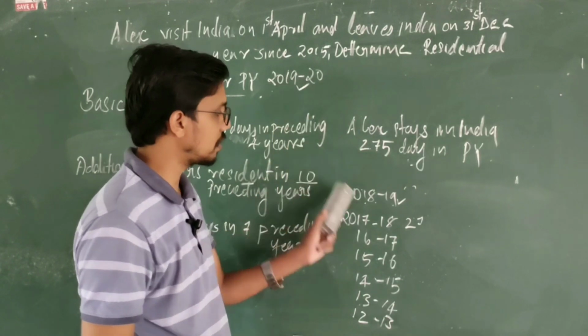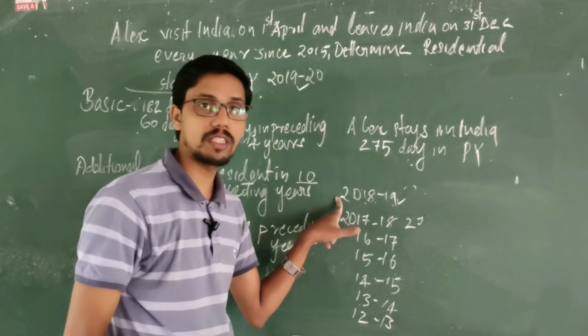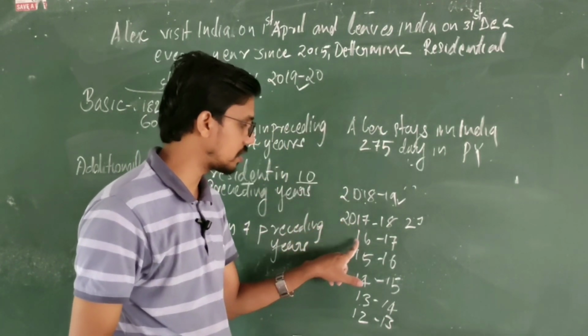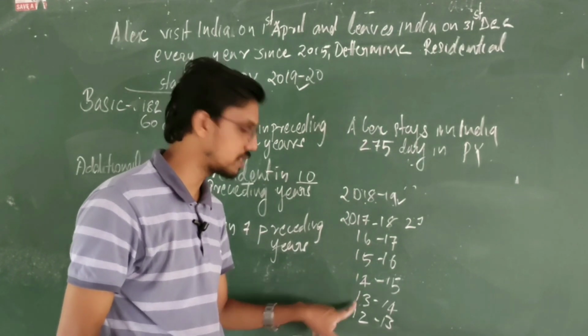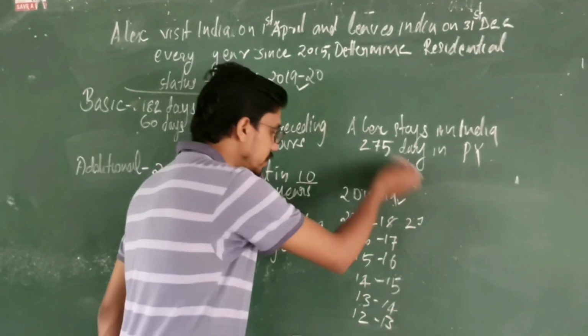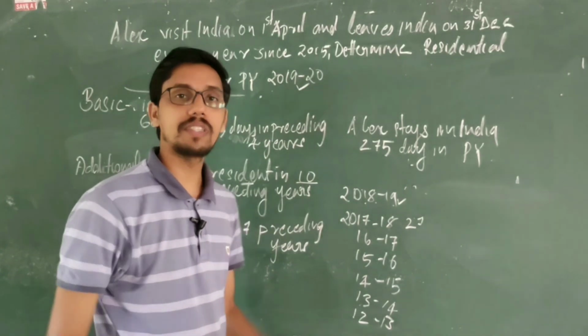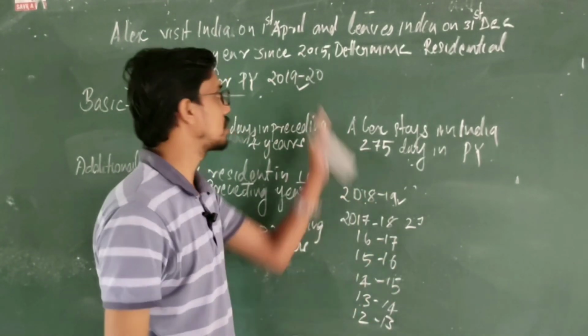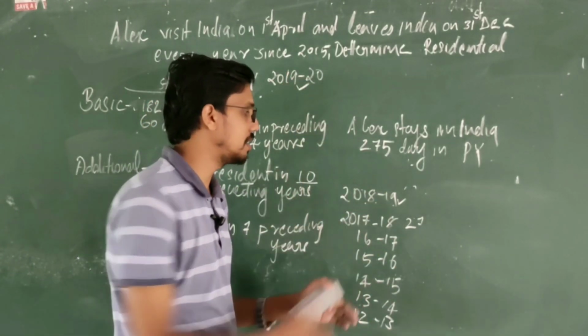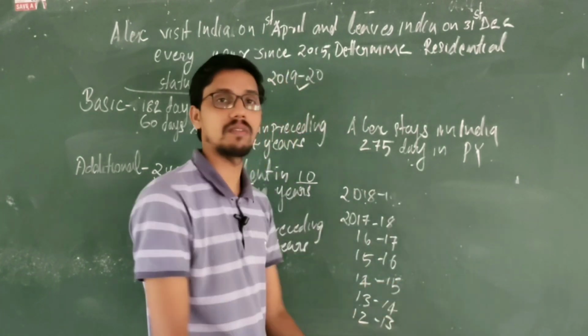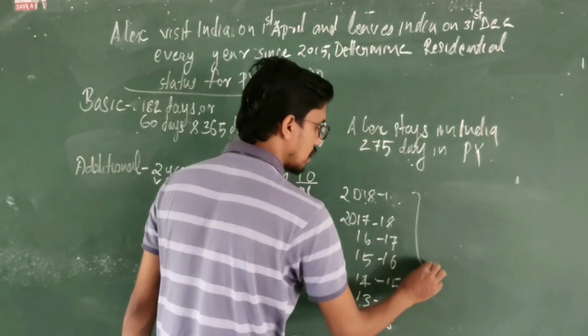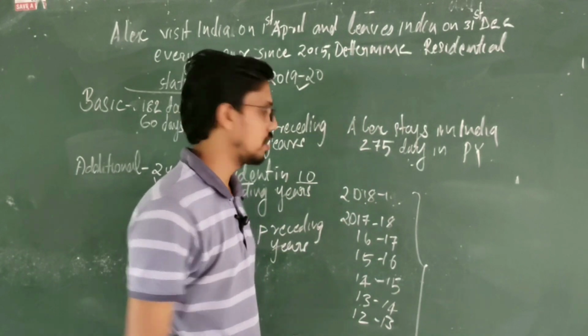So, this is the relevant previous year, this is the first preceding year, this is the second one, this is the third one, fourth one, fifth one, sixth one, seventh one. These are the preceding 7 years of this relevant previous year. He shall stay in India 730 days. We can check whether he stays in India for 730 days or not in these 7 years.